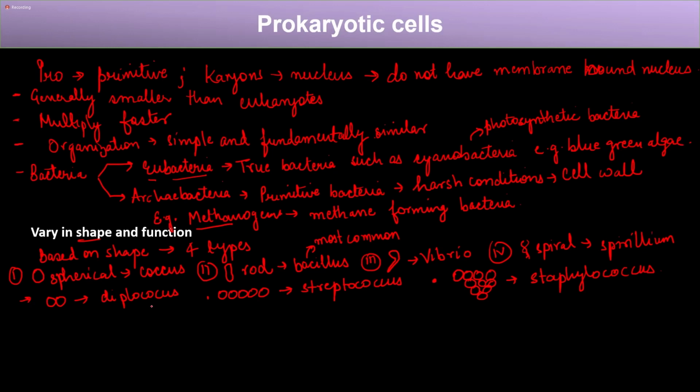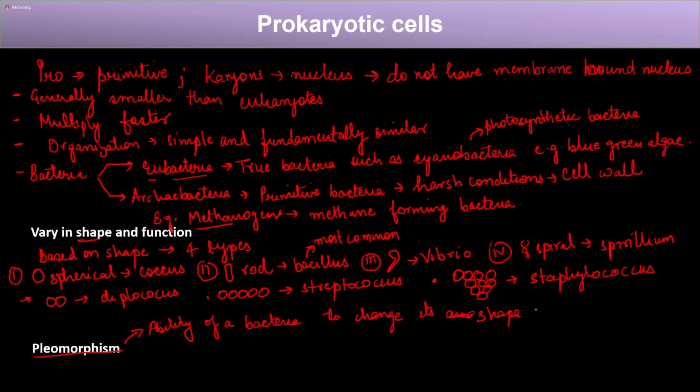Now, before moving forward, you also need to understand one more term about the prokaryotic cell, that is pleomorphism. So what does the term pleomorphism mean? It means the ability of a bacteria to change its shape and function.